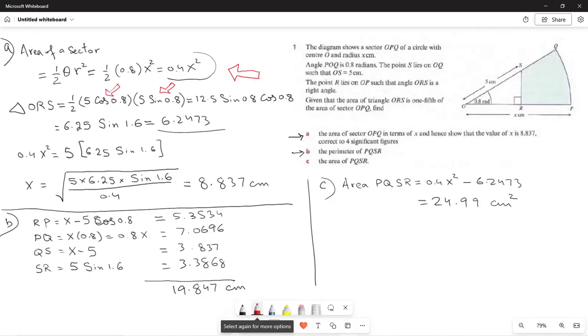It's not very important here, but I hope you know that 2 times sine theta cos theta is equal to sine 2 theta. So I used this formula over here and converted 0.8 into 1.6.